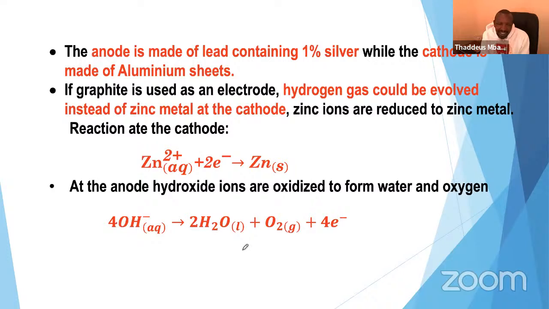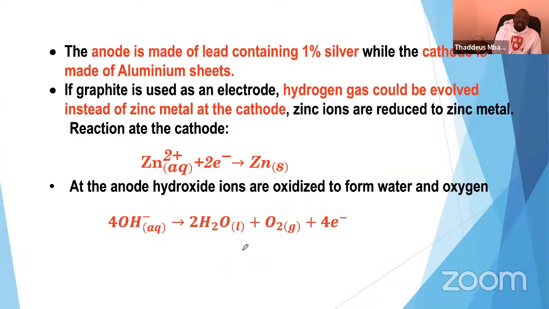They interchanged, but the anode is made up of silver and lead, while the cathode is made up of aluminum sheet. That's the correct scenario. Graphite is used as the electrode. Hydrogen gas could be evolved if you use graphite now.